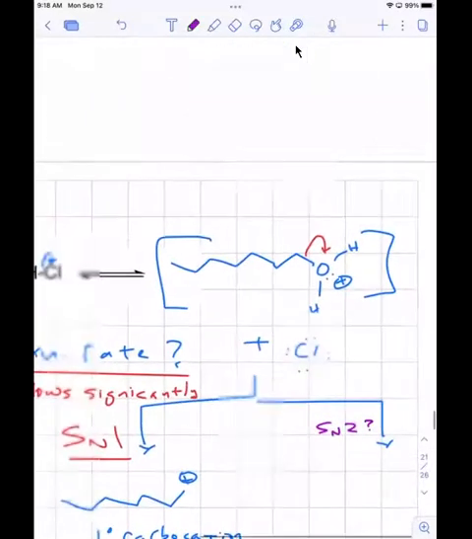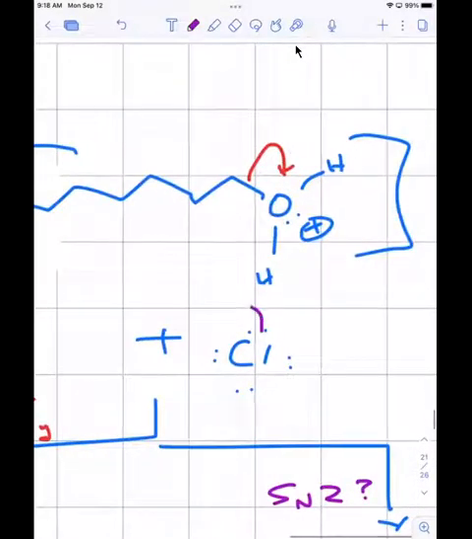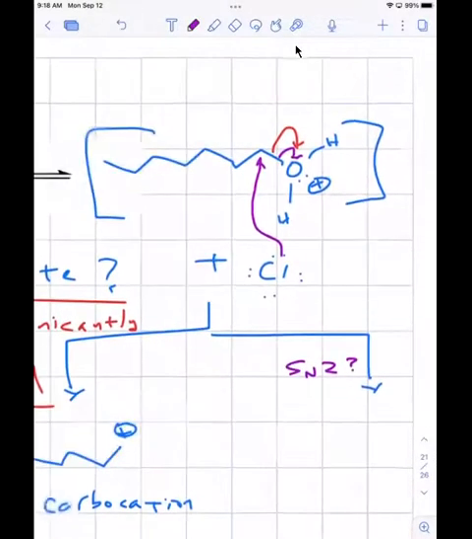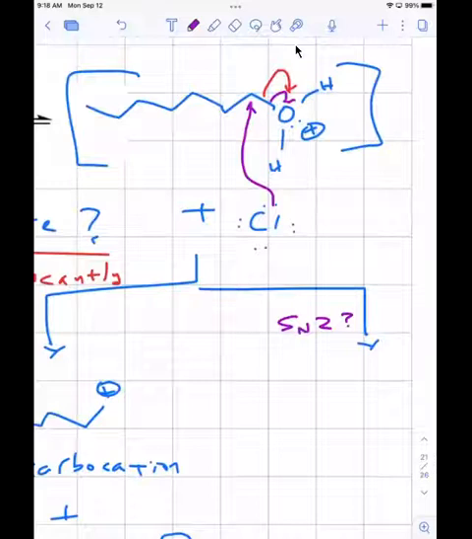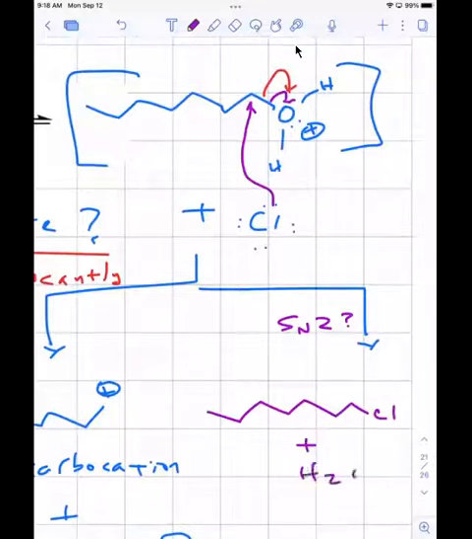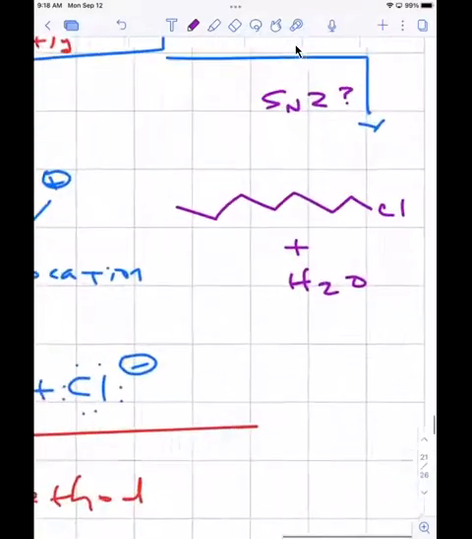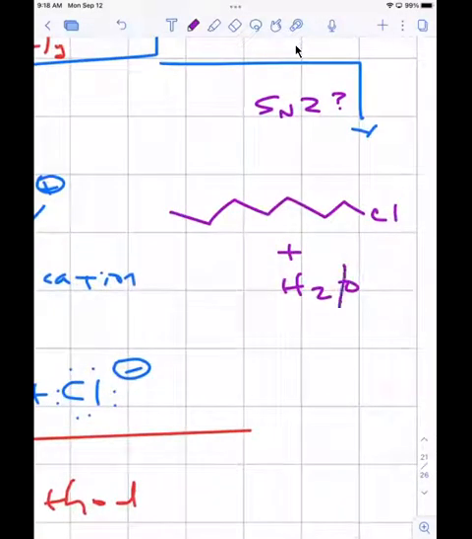Could it go concerted, where it simply attacks here like that, all in one step? Could that happen, do you think? Yes, no, maybe?